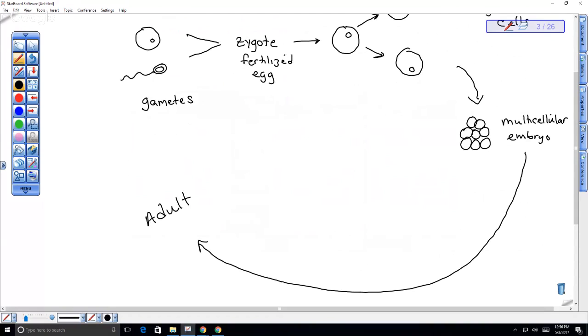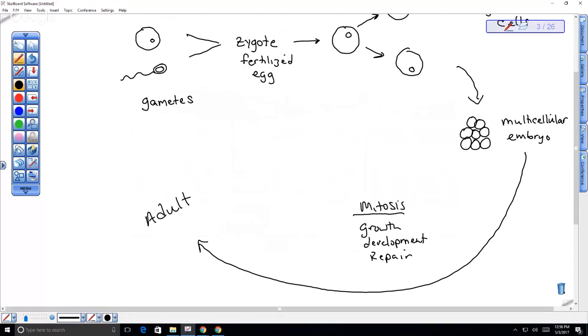So mitosis includes growth, development, and repair. This is all mitosis. Okay, so we go from a single cell to trillions of cells using the process called mitosis.